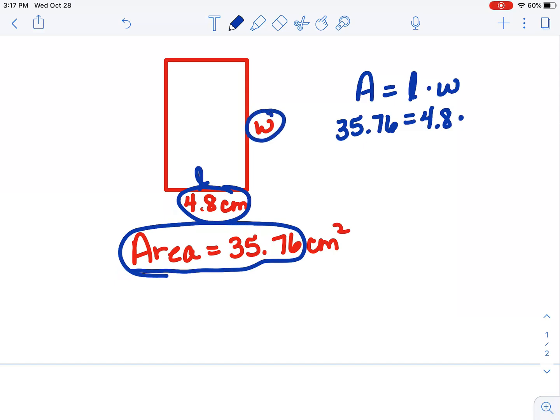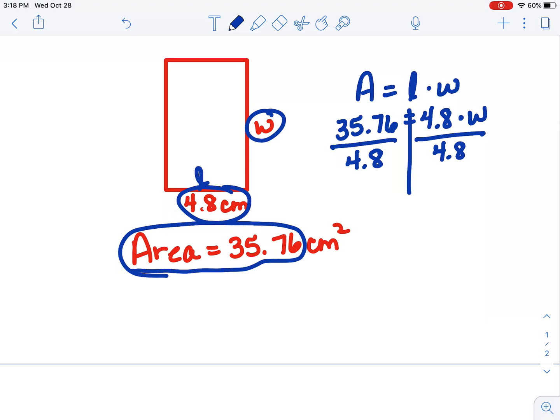But what I don't know is my W, my width. So again, I want to get that variable W by itself. To get it by itself, you do the opposite. So instead of multiplying by 4.8, you would divide by 4.8. And whatever you do to one side of the equation, you must do to the other to keep it balanced.